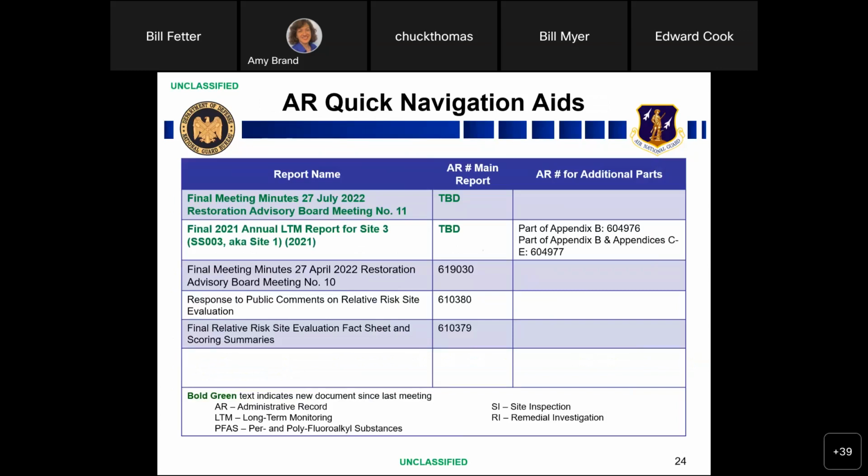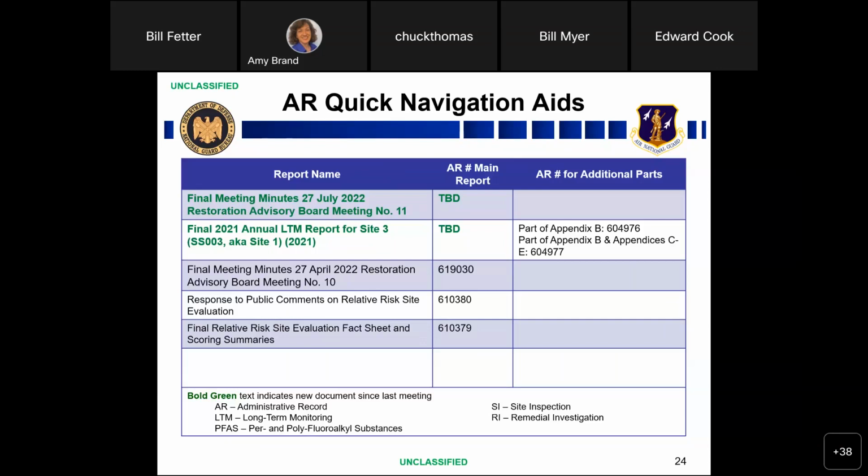With the AR, we're still waiting to get up the minutes from the July meeting. We have a backlog of information to get uploaded to the admin record. Our contractor had some delays getting access and a government computer to actually do the uploads, but that should hopefully change shortly, and you'll see a lot of information getting uploaded.